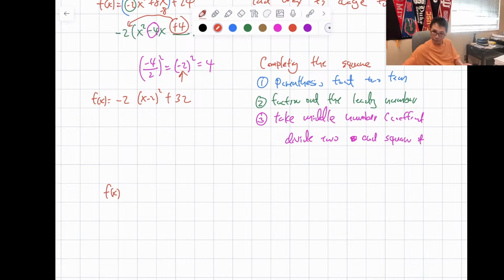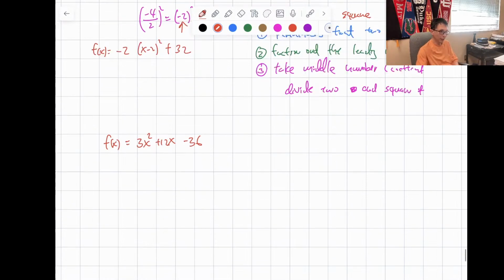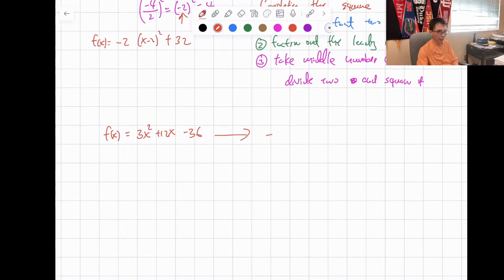Okay. 3x squared plus 12x minus 36. Now, I'm going to give you a hint first. First, we're going to use this to find vertex form. Use the first way, using the axis of symmetry. A lot of you guys are going to end up sticking with this way. But I also want you to try the second way, completing the square.